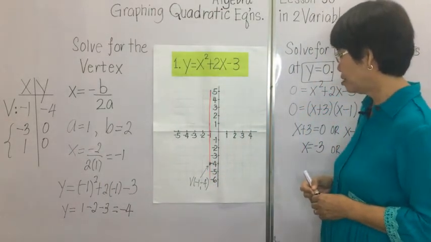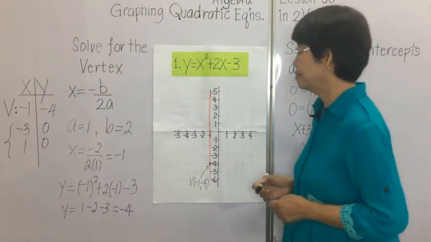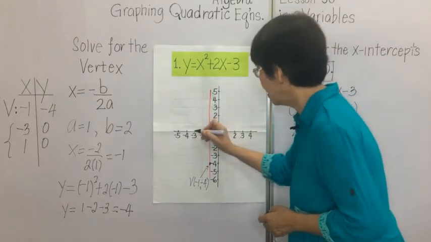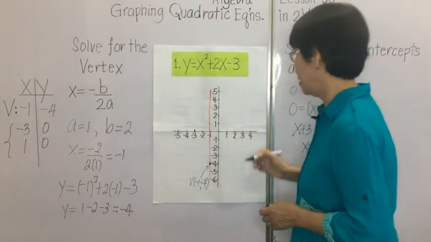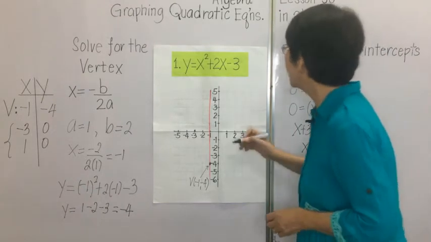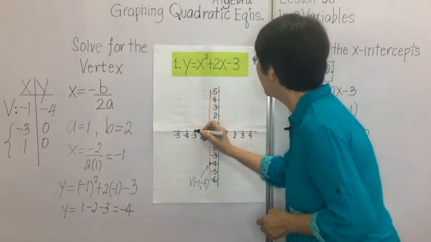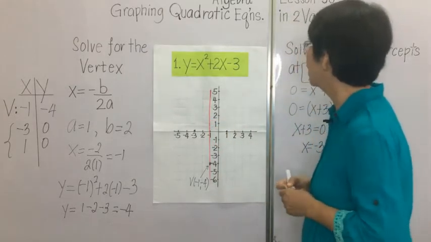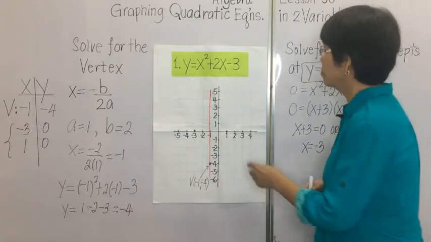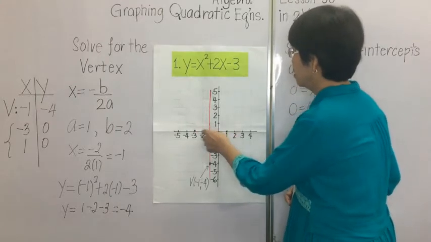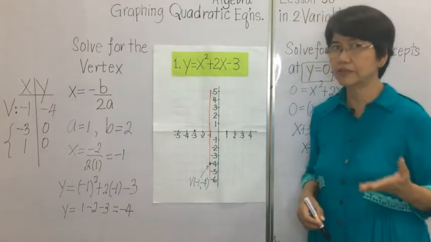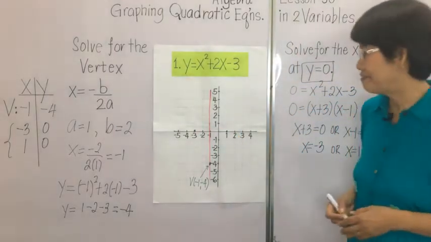So we will locate those points. Negative 3, 0 is here, and 1, 0 is here. Okay, but we have some points in between which should be located so that we will have a smooth graph.